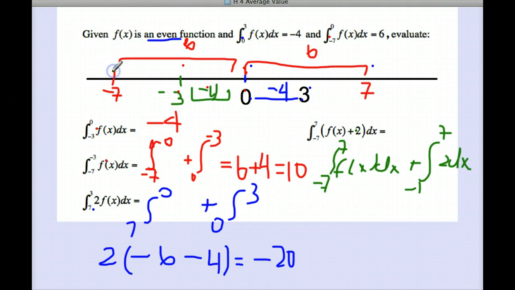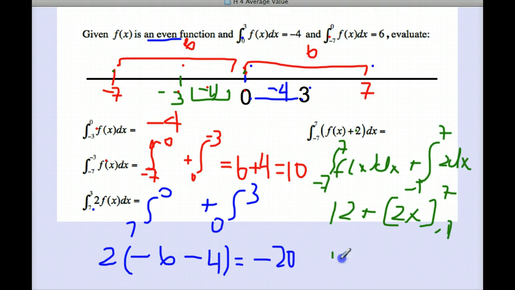We know from -7 to 0 is 6, and then from 0 to 7 is also 6 because of our rule. That gives us 6 plus 6 is 12. Plus, if I integrate 2, I get 2x. So I plug in my 7, I plug in my -7. Sorry, that's a -7 right there.